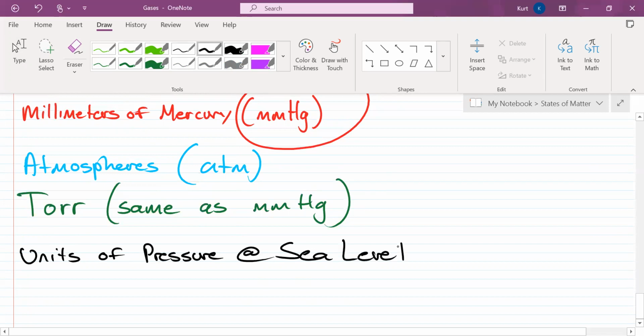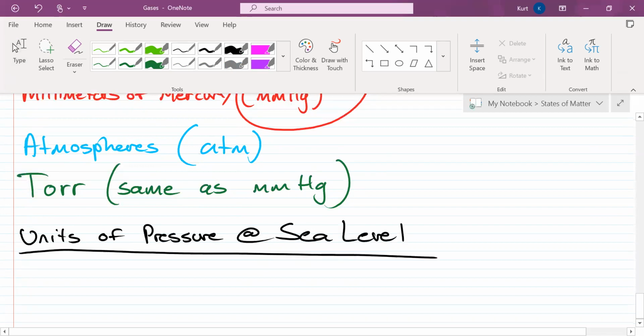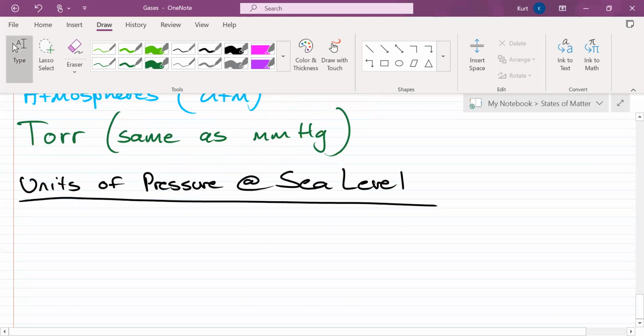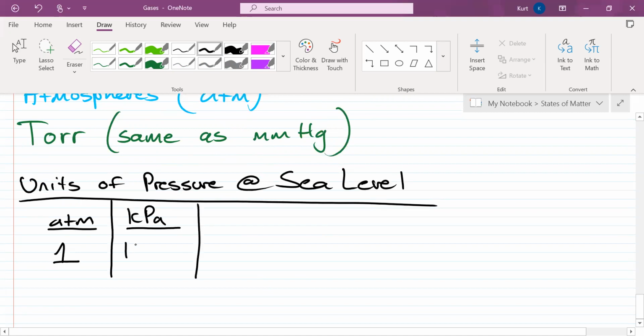Sea level is where the water meets the land. So for atmospheres, the number is 1. We're at 1 atmosphere here in Tampa, Florida. For kilopascals, we're at 101.3. Here in Tampa, Florida, we're at 101.3 kPa.